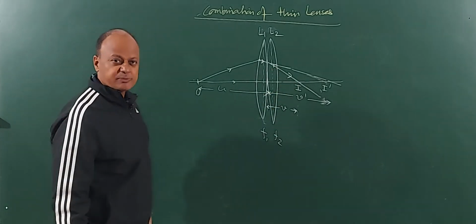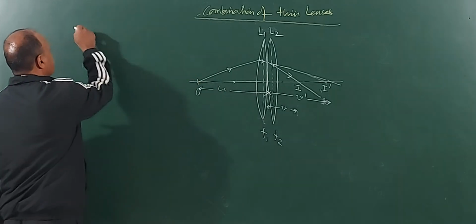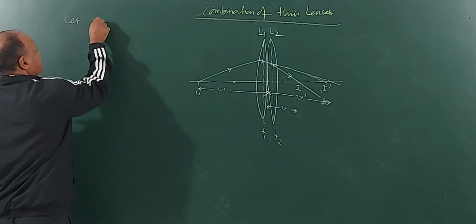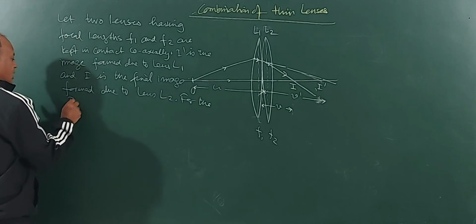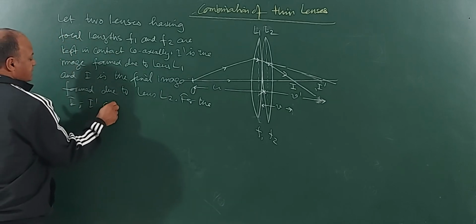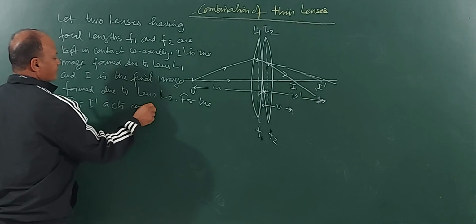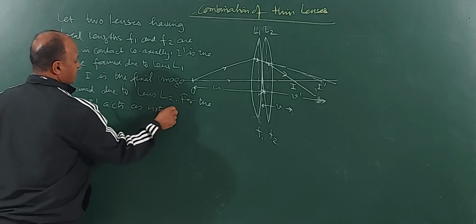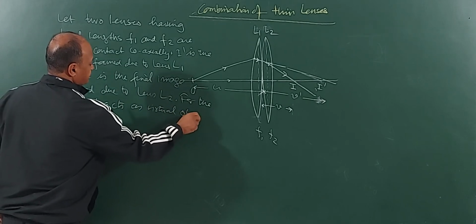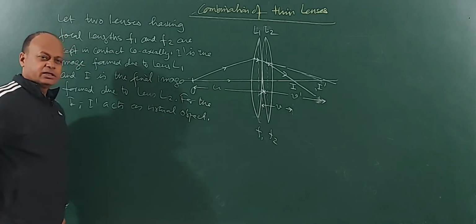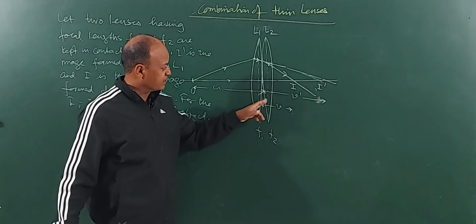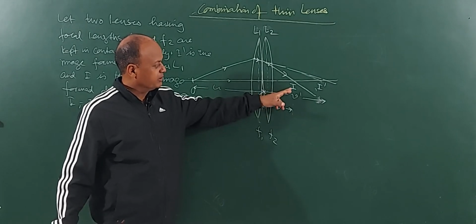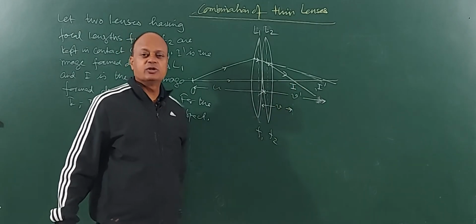So let's make these assumptions. I is the final image formed due to refraction through the second lens L2, and for it, I dash acts as a virtual object.